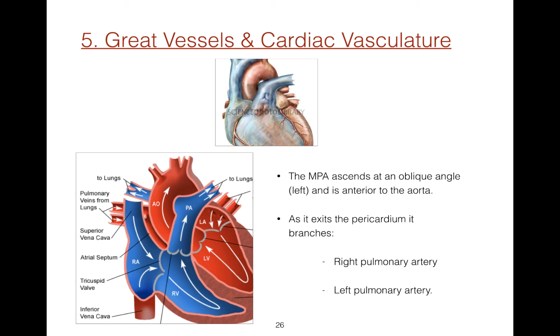The main pulmonary artery ascends at an oblique angle from the heart, at an angle somewhat leftward, and as it ascends anterior to the aorta, remembering of course that the pulmonary valve from which it ascends is the most anterior of the heart valves. As the main pulmonary artery ascends, it exits the pericardium and then branches into the right and left pulmonary arteries.